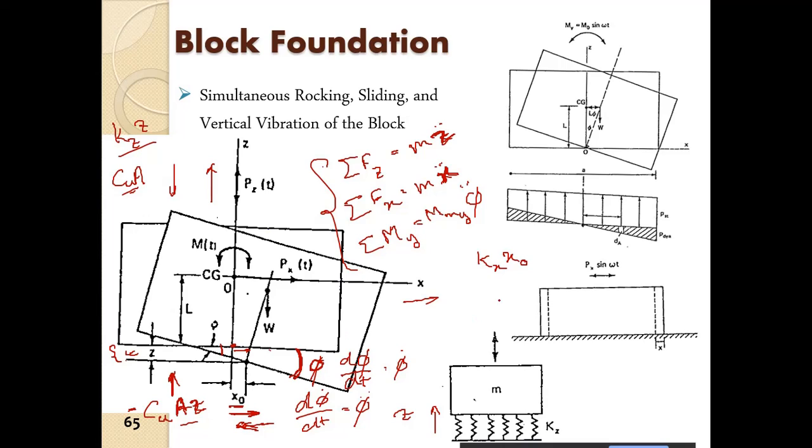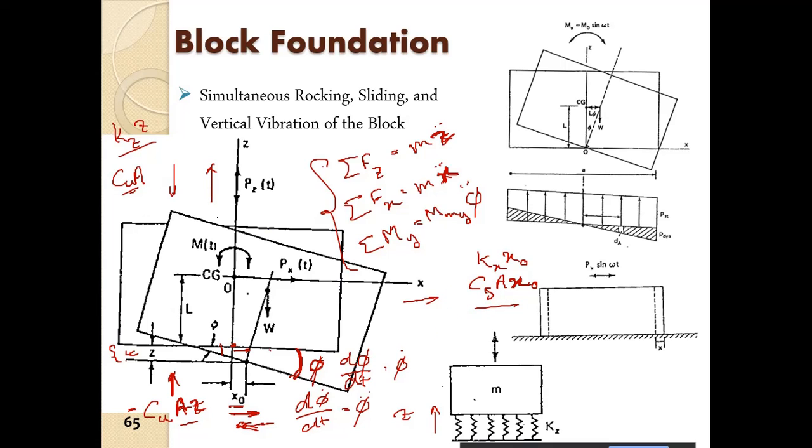We know kx is equal to C tau into A, so the force is C tau into A into x naught. That is the force in the x direction.